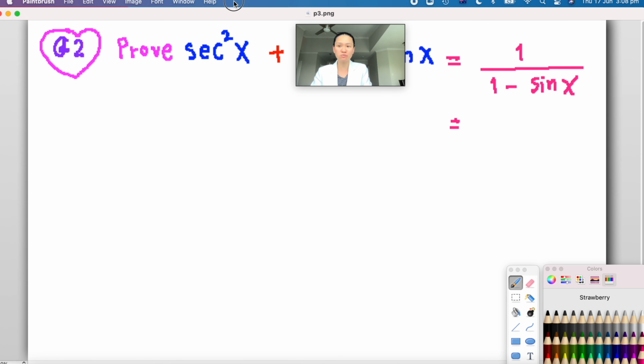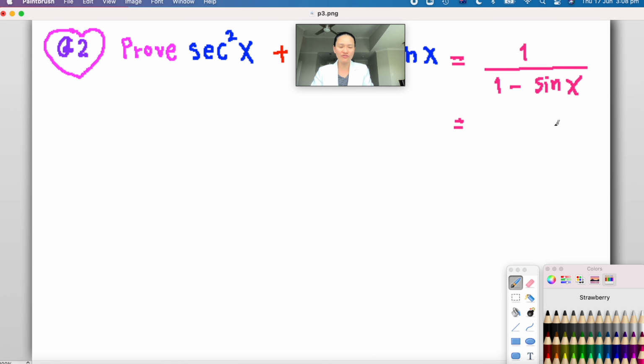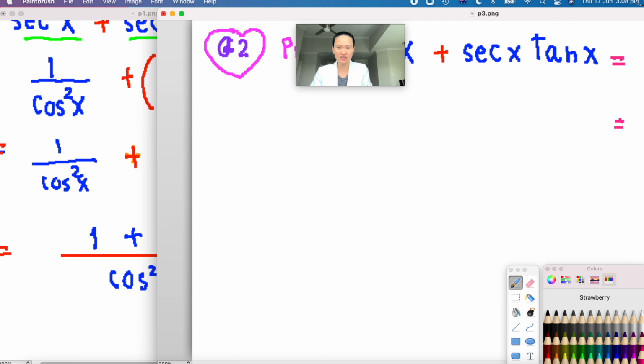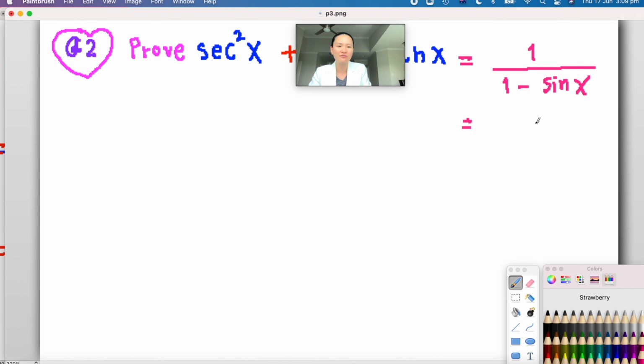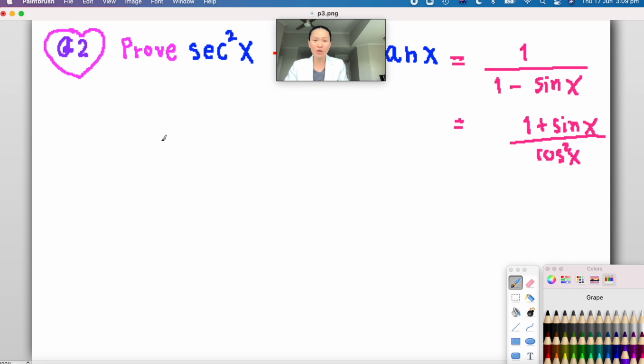We just proved that all of this equals (1 plus sin x) divided by cos x squared. So what does it mean?